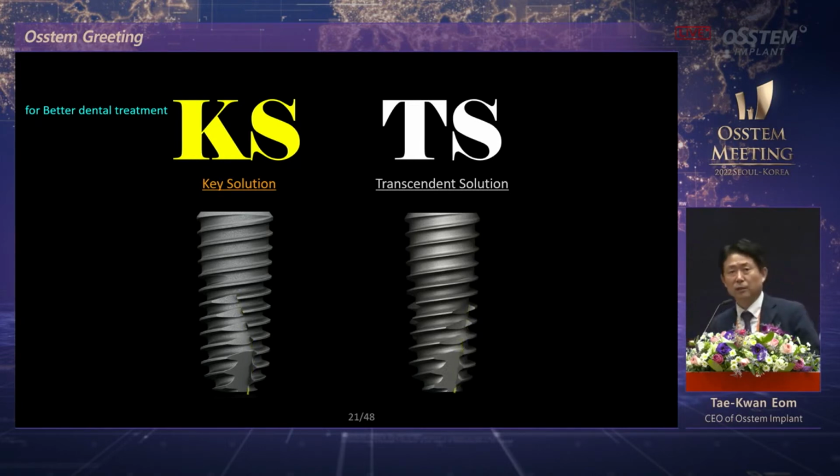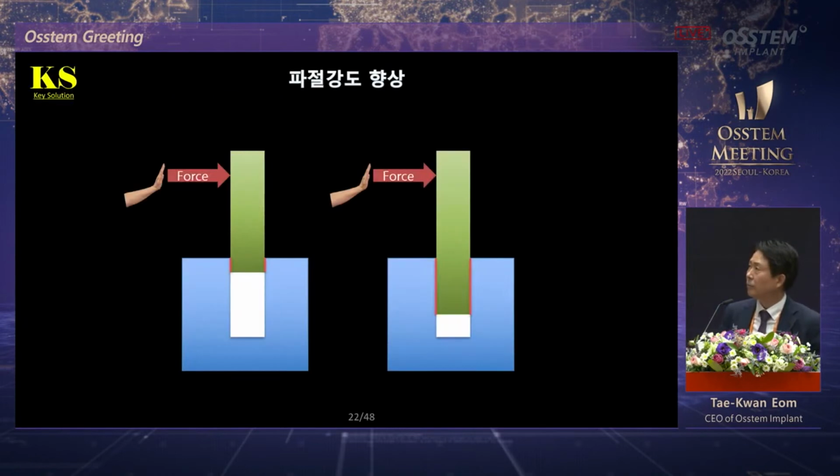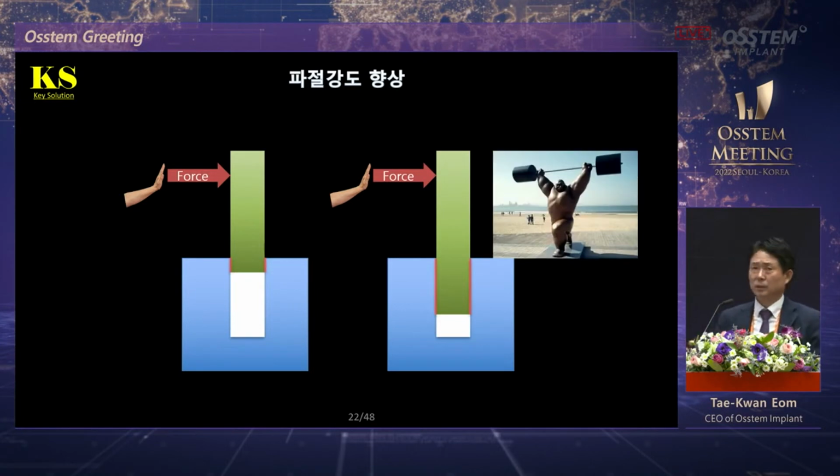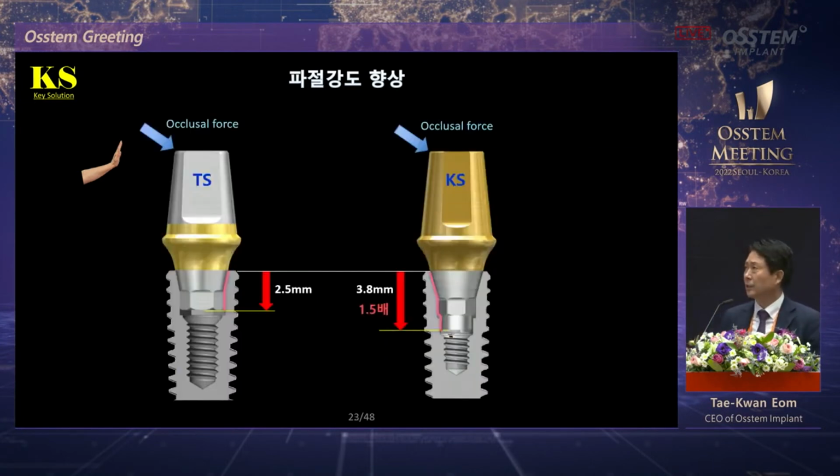However, the apex direction is different. TS on the left and KS on the right, so only those two directions are different. So the fracture strength is increased. In a container like this, because of the lever principle, the right side would be stronger.